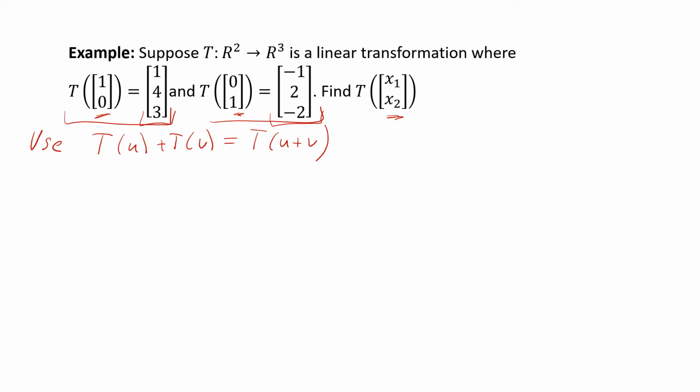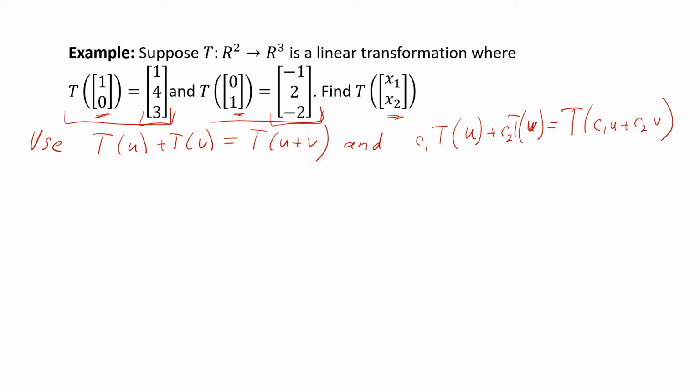And in particular, I'm going to expand even further, where c1, a constant times T(u), plus a second constant c2 times T(v), is equal to T(c1 u plus c2 v). That's the idea of linearity. I'm going to use that.